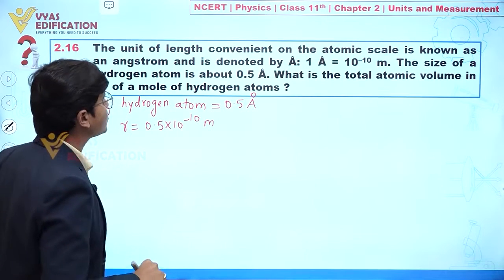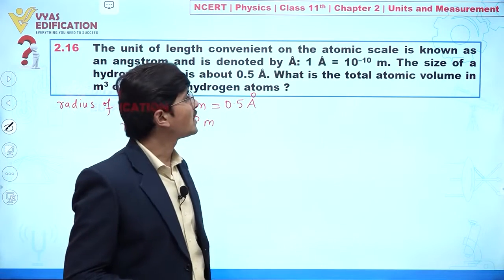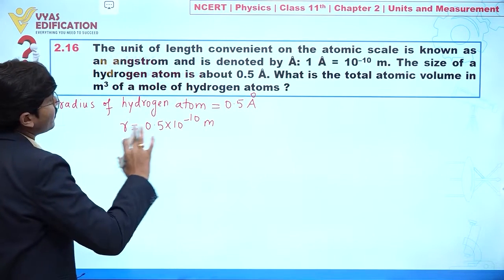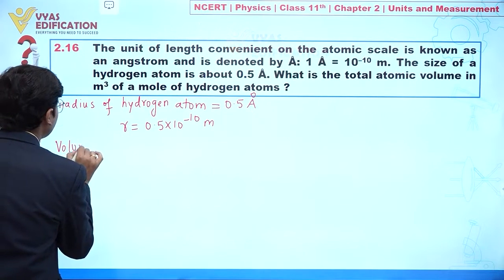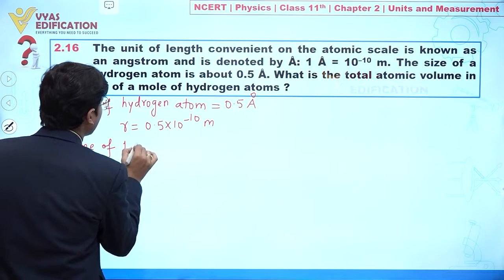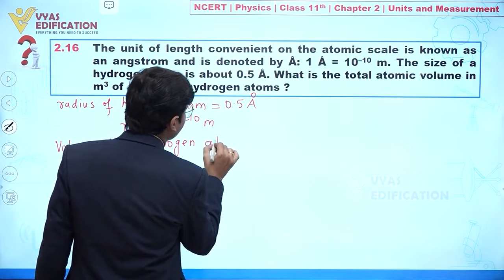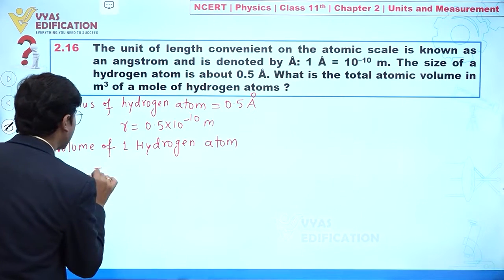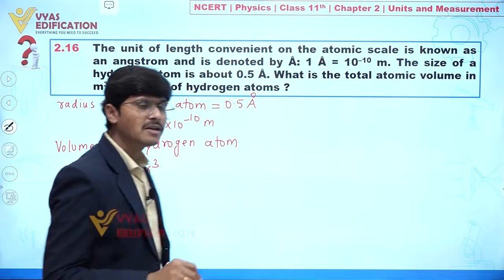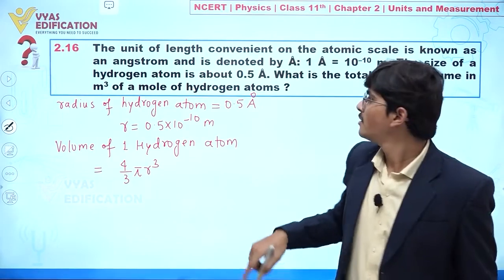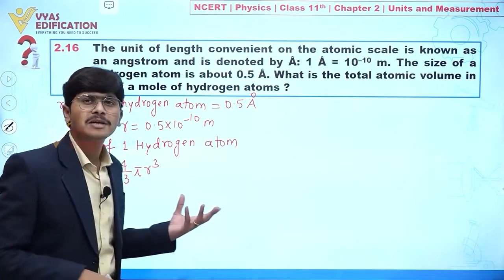Now we have to find the total atomic volume of 1 mole of hydrogen atoms. First, what is the volume of 1 hydrogen atom? Assuming the atom is spherical, the volume is 4 by 3 pi r cube.